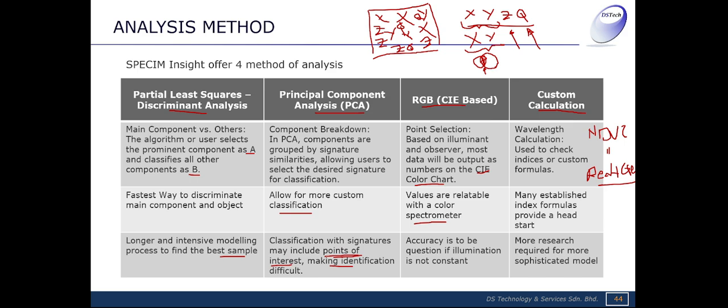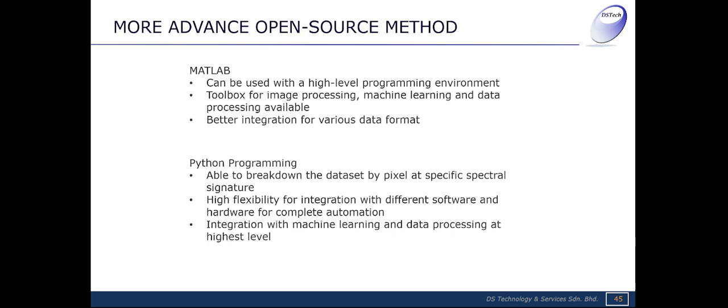Another way would be you can use MATLAB or Python programming. So MATLAB is generally a very good way to do image processing because MATLAB has what we call sampling positioning.